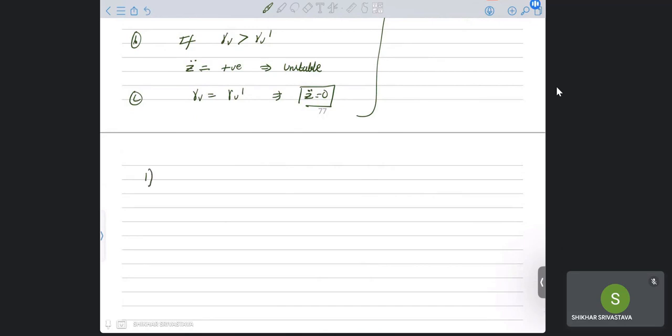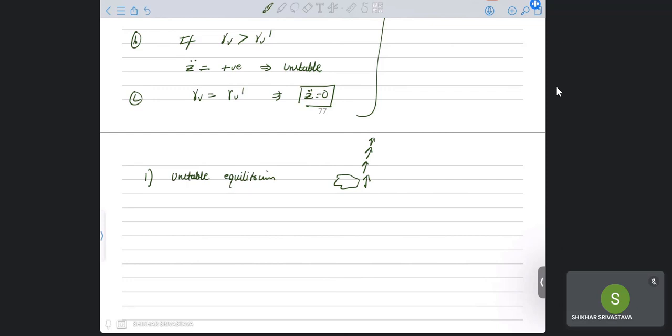One very important thing is that unstable equilibrium means, as I told, if you have some parcel and you displace it in the vertical direction, it will keep on moving in the vertical direction. So that is your unstable equilibrium.